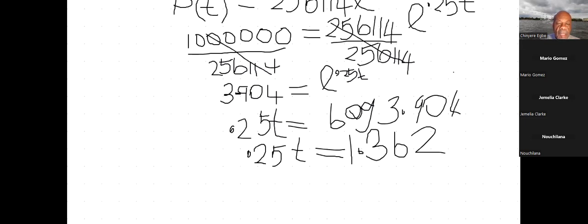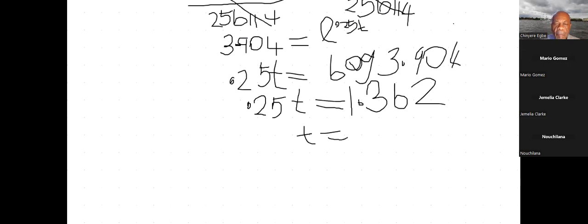So then here T is equal to 1.362.2 divided by 0.25. So what does that give you?